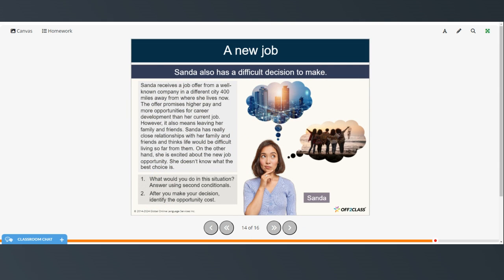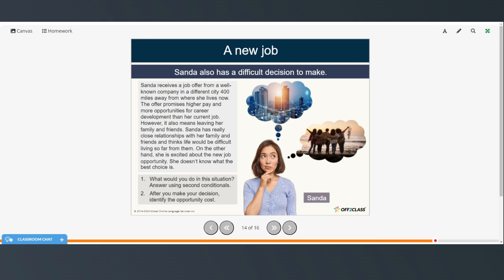So Sandra also has a difficult decision to make. Sandra receives a job offer from a well-known company in a different city 400 miles away from where she lives now. The offer promises higher pay and more opportunities for career development than her current job. However, it also means leaving her family and friends.